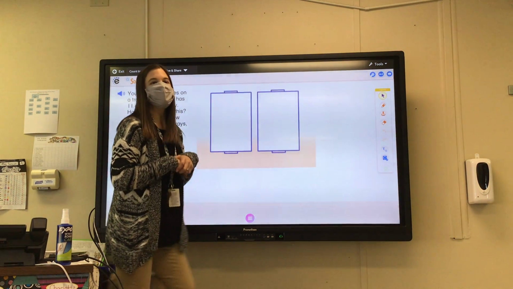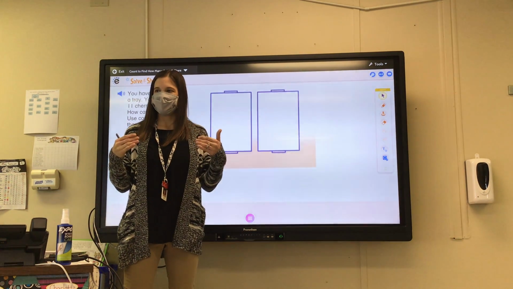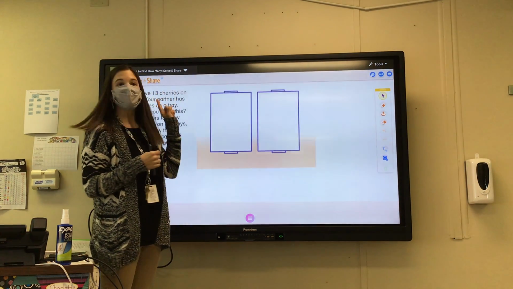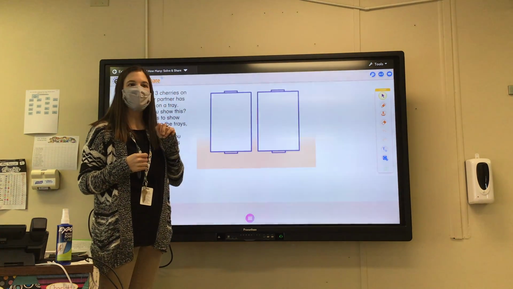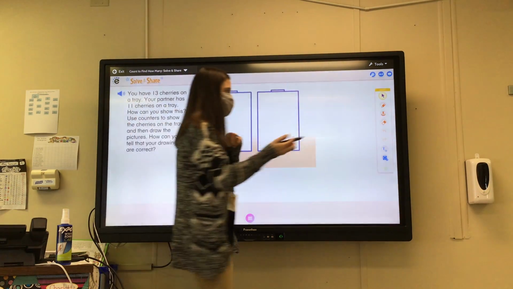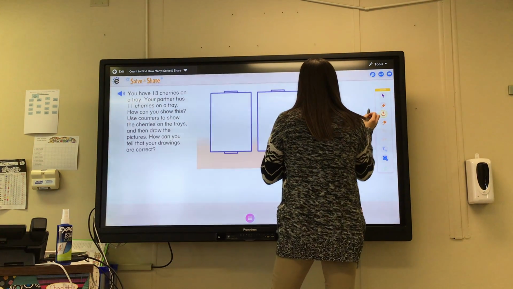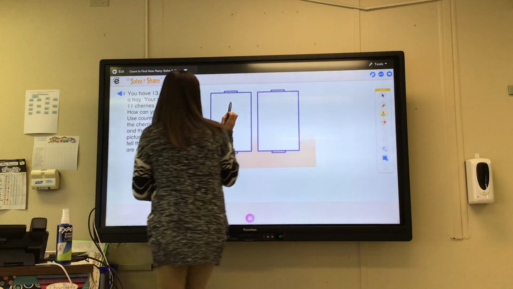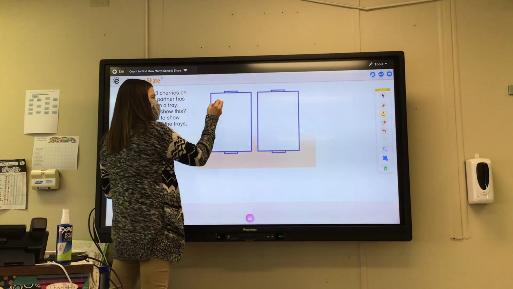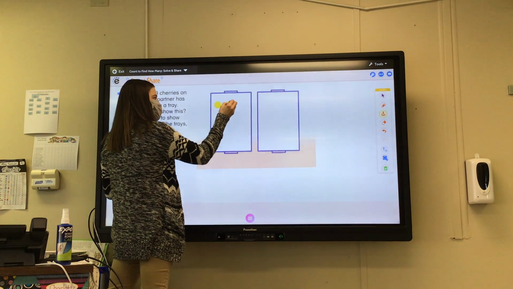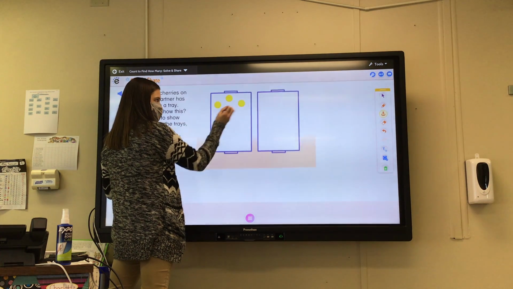Okay, first, how many cherries do you have on your tray? 13. So on the first tray, you are going to draw 13 counters. As you draw your counters, as you draw your circles, count them to make sure there's 13. Go ahead and get started.